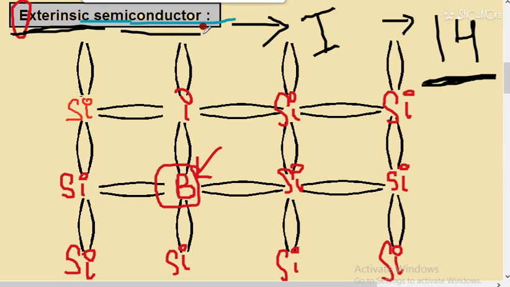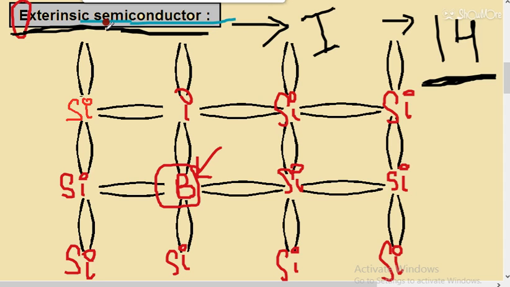Extrinsic means external impurity. You can remember it from the alphabet E. E means external impurity. I am repeating, students, you can note down. E is external impurity.